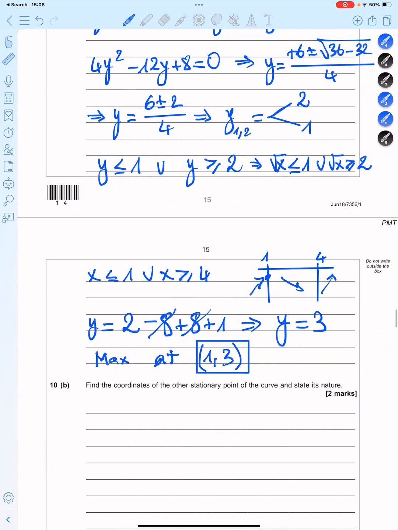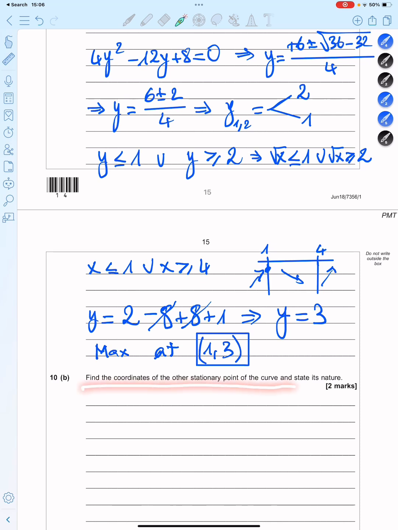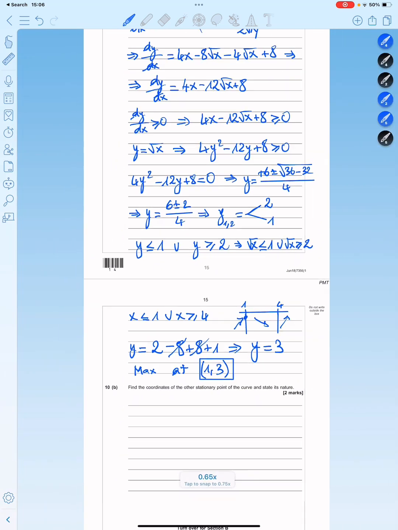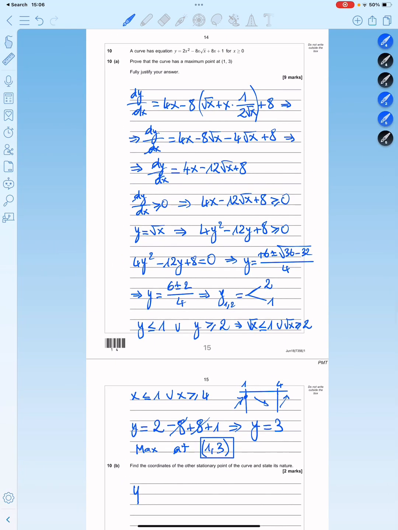Now they said here, find the coordinates of the other stationary point of the curve and state its nature. As you can see, the other stationary point is here. The x coordinate is 4, so we need to find the y coordinate. I'm just going to sub in as I did earlier. So let's say this is y1. So y2 would be what? I'm going to substitute 4 here.